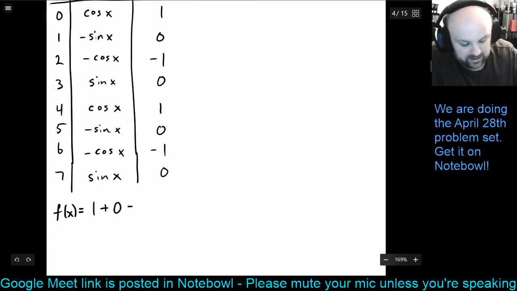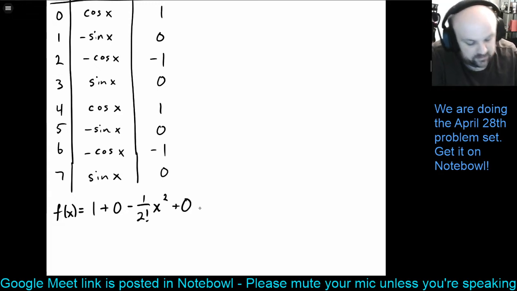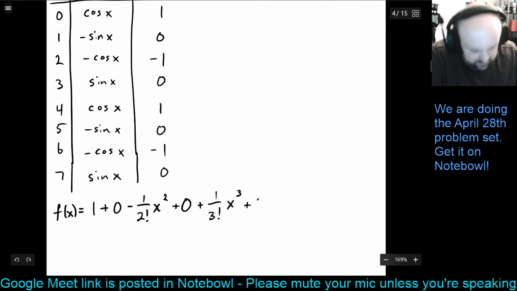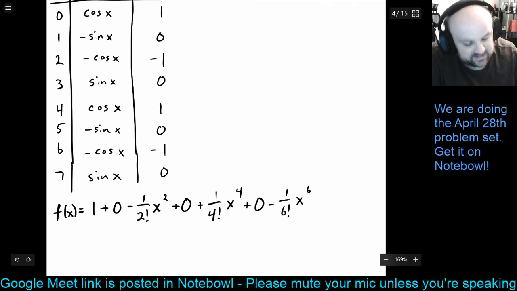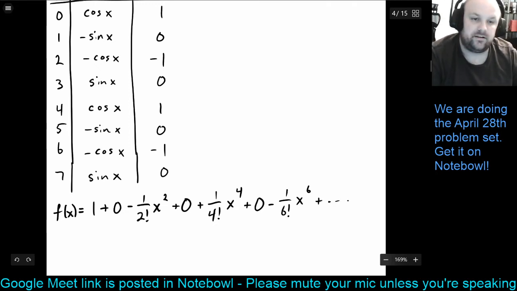And then minus 1 over 2 factorial x squared plus 0, because we're going to have a 0 here. And then plus 0 for the cubed term, and then plus 1 over 4 factorial x to the 4th, plus 0, minus 1 over 6 factorial x to the 6, and so on, right?